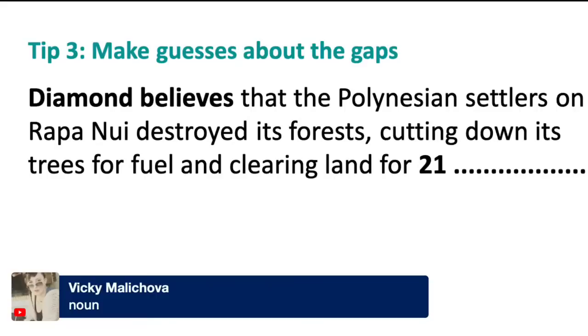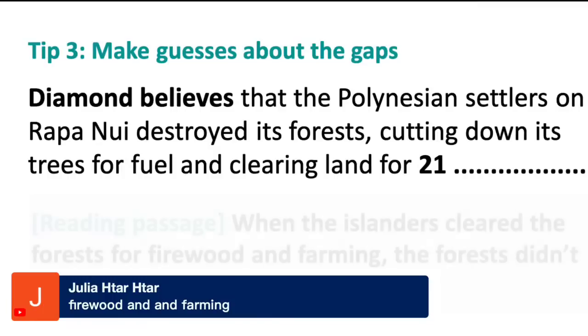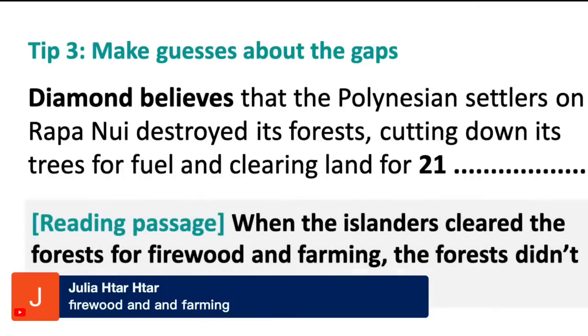What usually comes after for? Vicky said a noun, yes, good. And Julia, could you put Julia's back up again? Thanks, Julia. So, Julia, you've got firewood and farming. So, two things. Perfect. Now, let's look at the actual original text and give you a minute to decide.